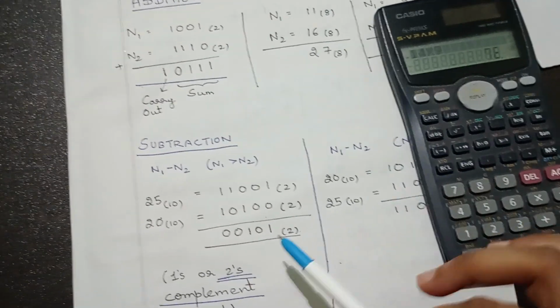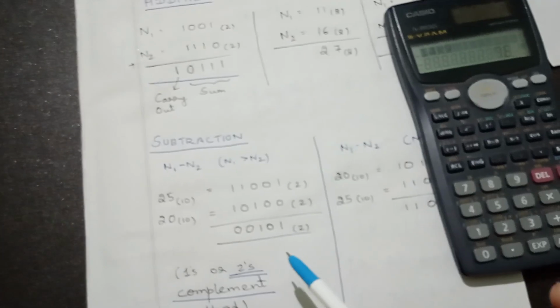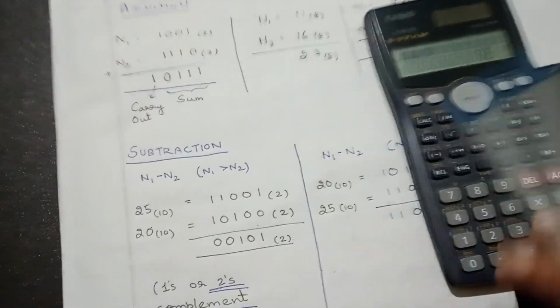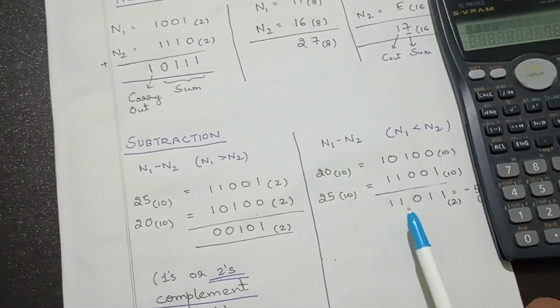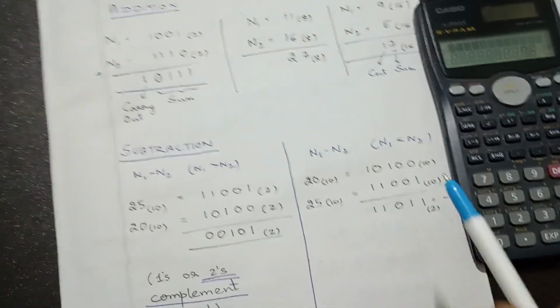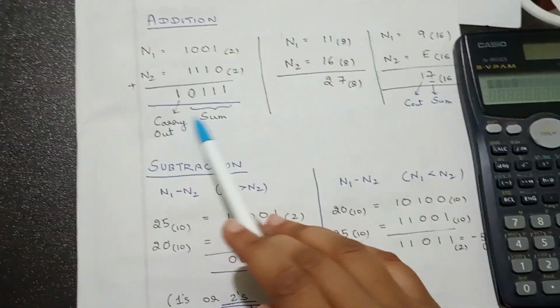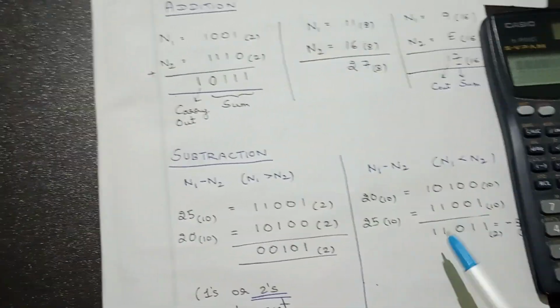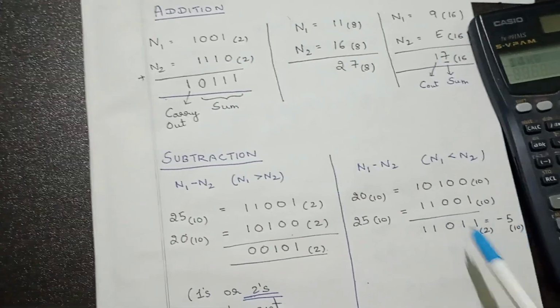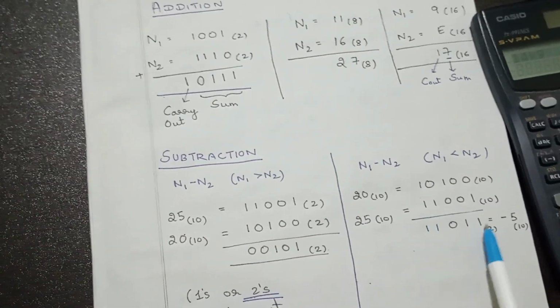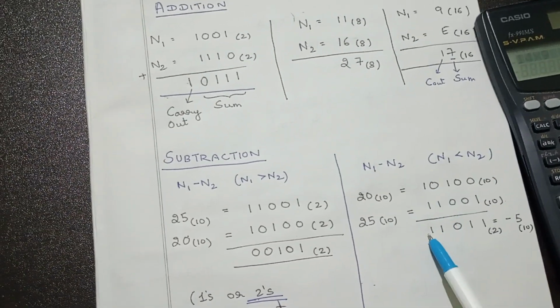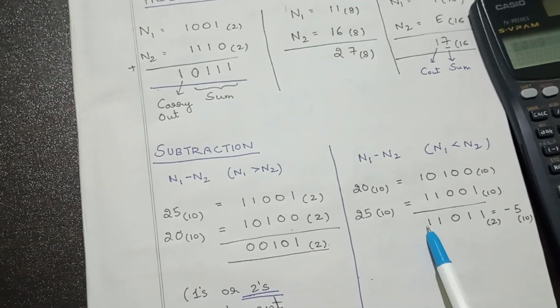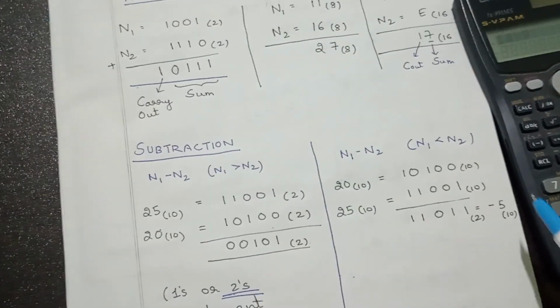Anyway, the answer will be the same for n1 greater than n2. For n1 less than n2, in 2's complement and 1's complement, the answer that you get will slightly differ. That you should make a note. And here, carry and sum will not be shown separately, it will be shown as one single term. Whenever the answer is negative, except for the number of digits, all the digits to the left will be 1s, which indicates that it is a negative number.